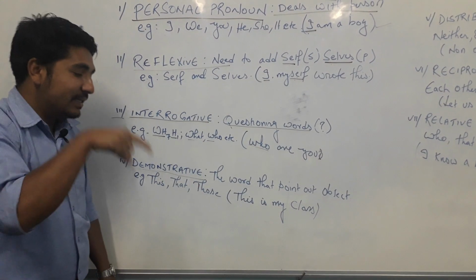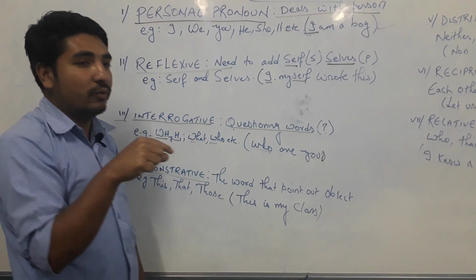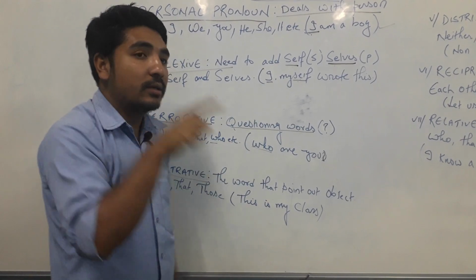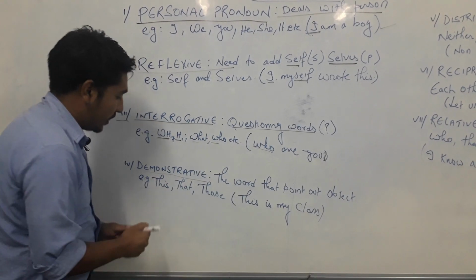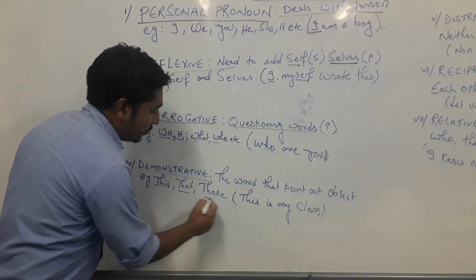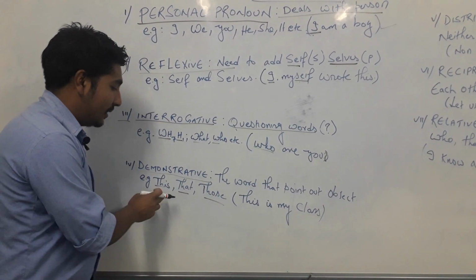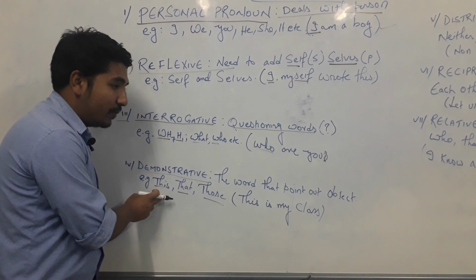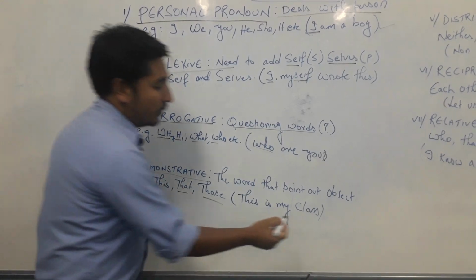Now I am pointing this class. So the word which we use in order to demonstrate or to point out, that is actually demonstrative pronoun. These, that, those. But then again I am saying you have to make sure those words have to replace the noun. Then only that is pronoun.